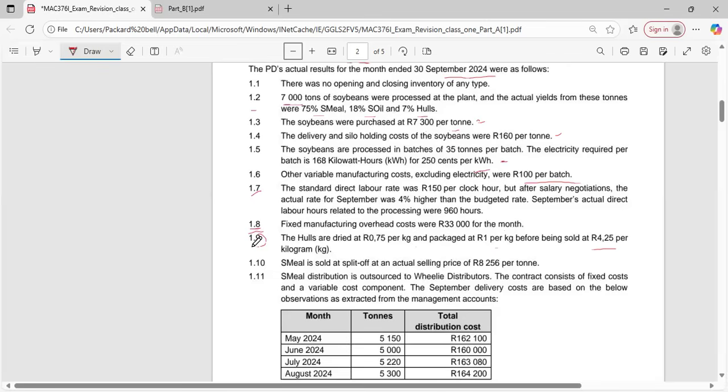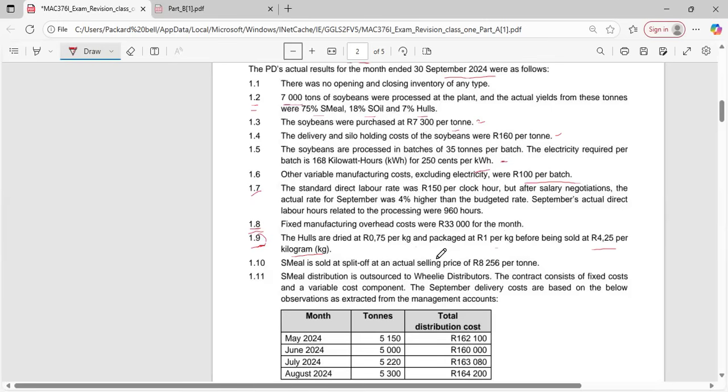So 1.9 is going to assist us to calculate the net realizable value of the byproduct. Then we subtract it from the joint cost that we have calculated from 1.2 to 1.8. What is left are going to be the joint costs to be allocated to the joint products using the sales value at split off point.